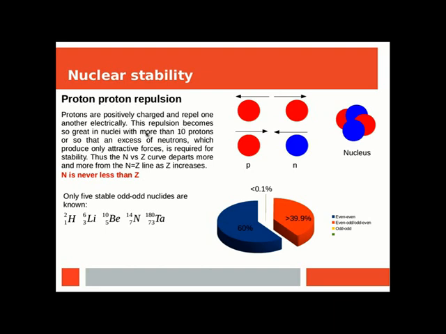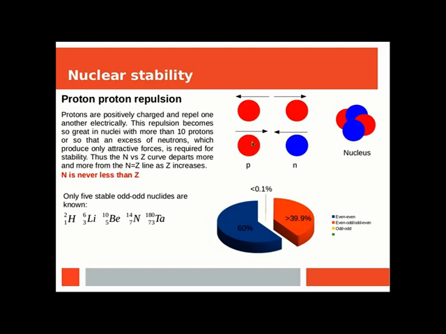So as I told you, for mass number greater than 20 or atomic number greater than 10, the repulsion between protons becomes so great that extra neutrons are required to achieve stability. These neutrons and the attraction force between the protons and neutrons try to overcome the repulsive forces between protons.